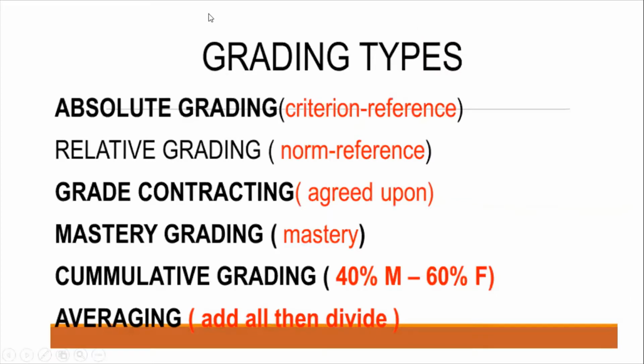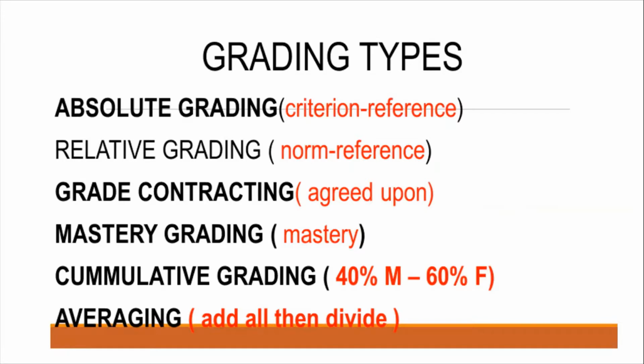I will start the discussion with the different grading types. One is absolute grading, which is criterion referenced, but I'll be discussing it later. Then we also have relative grading, which is norm referenced. And we have grade contracting, which is usually agreed upon by the teacher and the student. Then mastery grading is based on mastery.